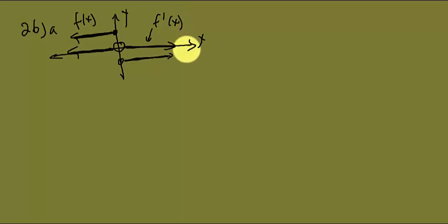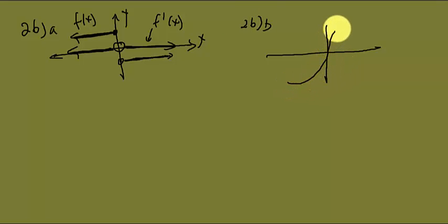Alright, let's take a look at a curve. This is 26b. In 26b, I have a curve that looks like an S curve. So we know the slope here is positive, and the slope here is positive, and here it's undefined.